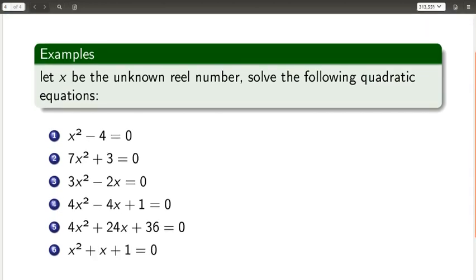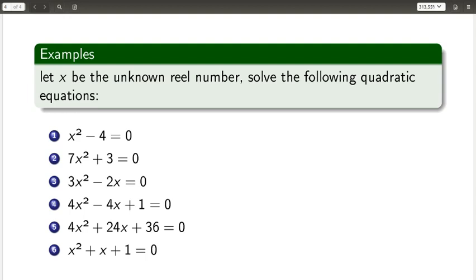We state these exercises as examples because we shall give the solution after. Let x be the unknown real number. Solve the following quadratic equations. The first quadratic equation is x squared minus 4 equal to 0.